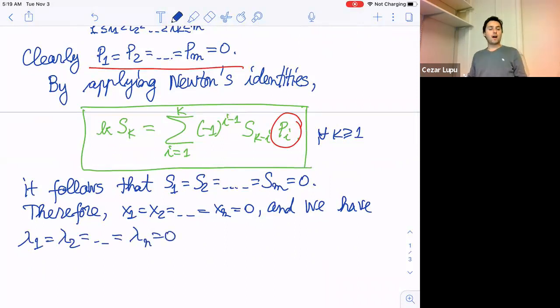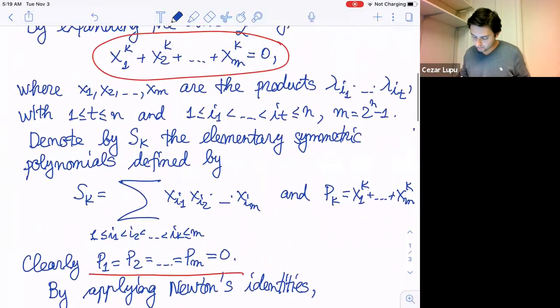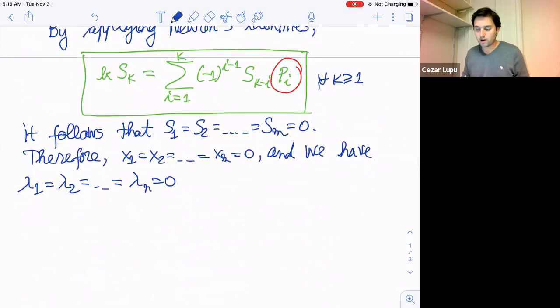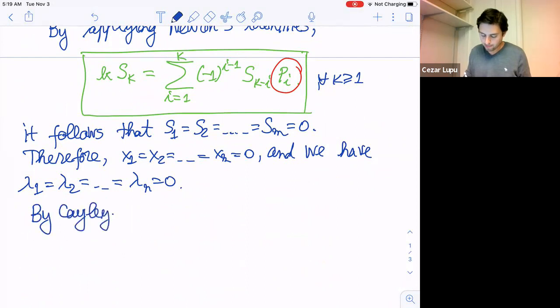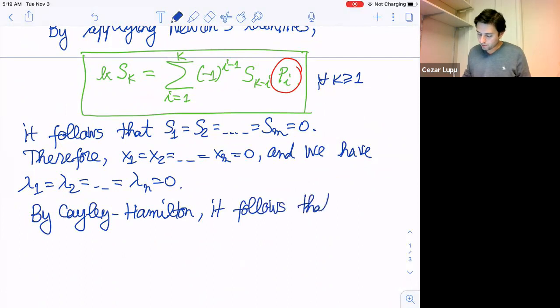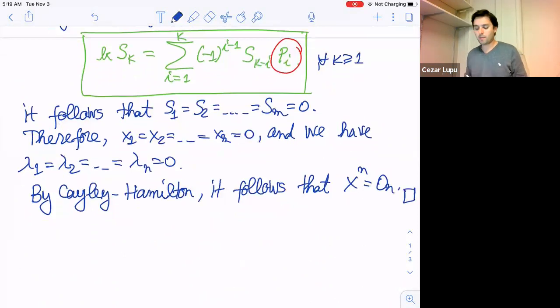So all the eigenvalues of my matrix X are 0. Therefore, by Cayley-Hamilton, it follows that X to the power n is the null matrix, and that's the end of the problem, right?